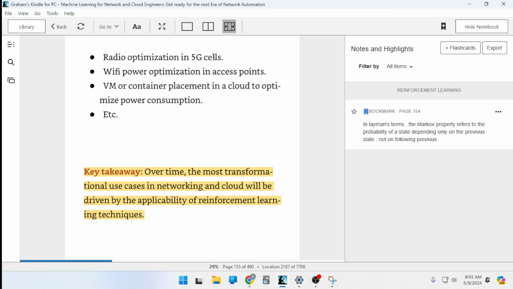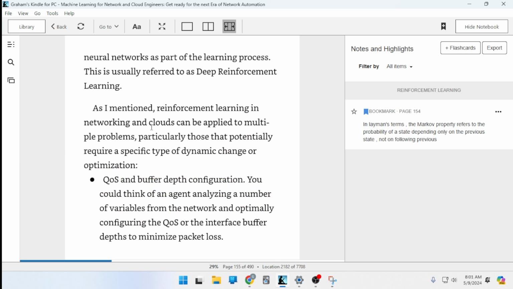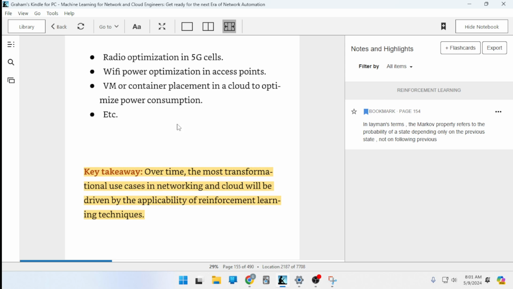Radio optimization in 5G cells, Wi-Fi power optimization in access points, VM or container placement in a cloud to optimize power consumption, etc. Those are all problems that reinforcement learning can be applied to. All right, so the key takeaway is over time, the most transformational use cases in networking and cloud will be driven by the applicability of reinforcement learning techniques.